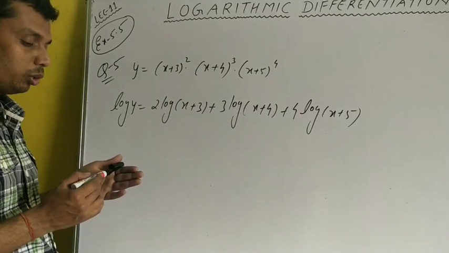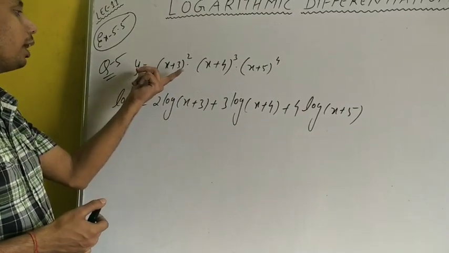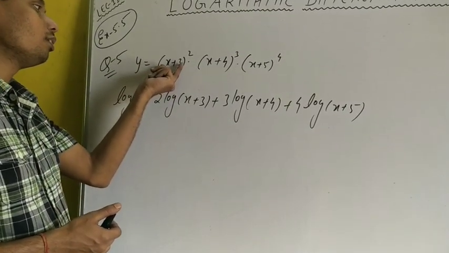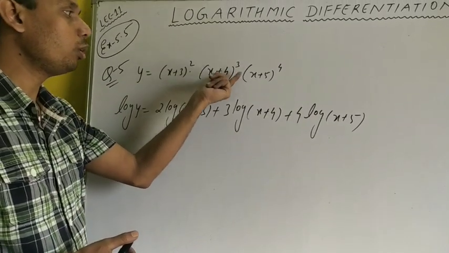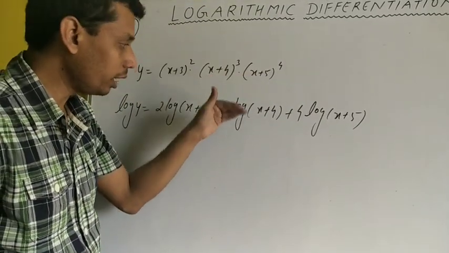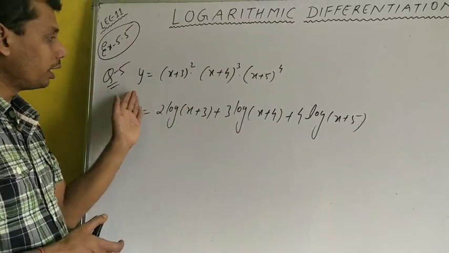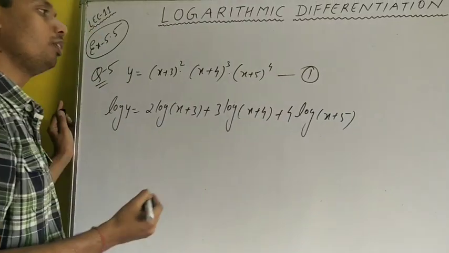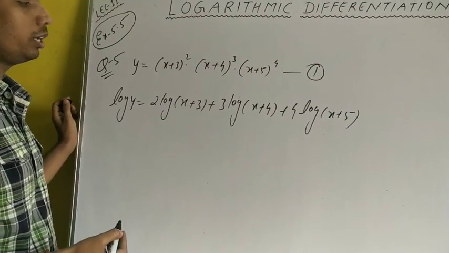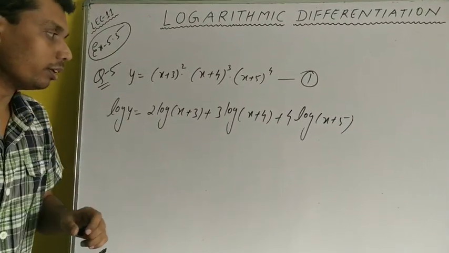So using that property, we can write y is equal to x plus 3 whole square into x plus 4 whole cube into x plus 5 whole to the power 4 in this manner. This is our equation 1. If we take log on both sides in equation 1, we'll get this.